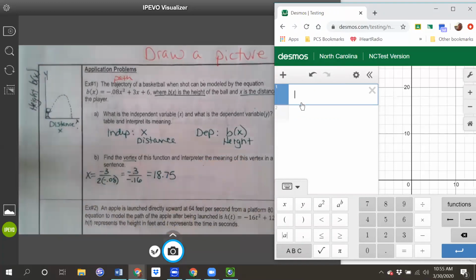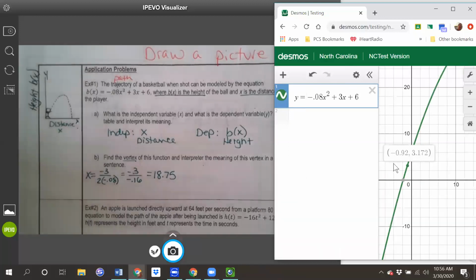So I'm going to go ahead and graph this, -0.08x squared. Whoops, I forgot my y equals. Y equals -0.08x squared plus 3x plus 6.